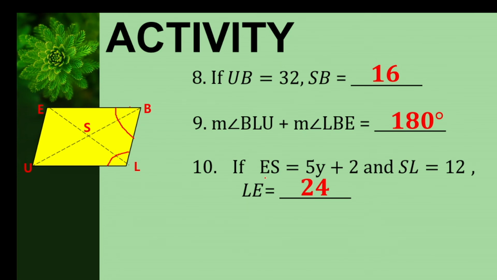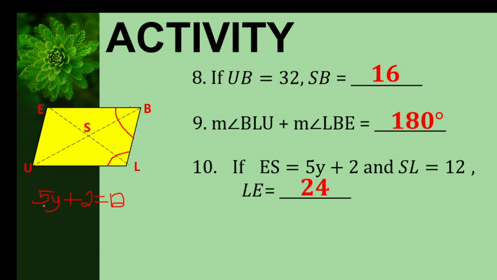If we are going to make use of the given, ES is equal to 5y plus 2 and SL is equal to 12, therefore we could have the equation 5y plus 2 is equal to 12. Since UB and LE are the diagonals of parallelogram blue, that makes point S a midpoint of both UB and EL.